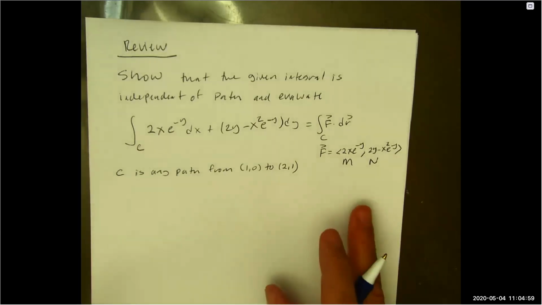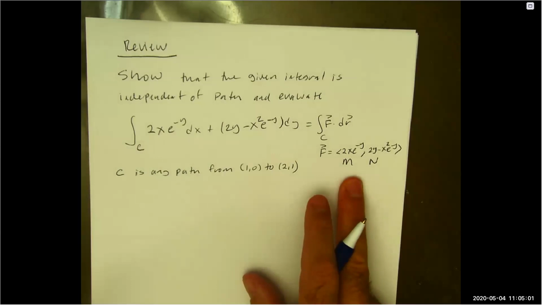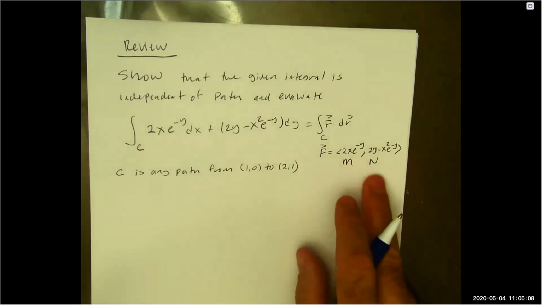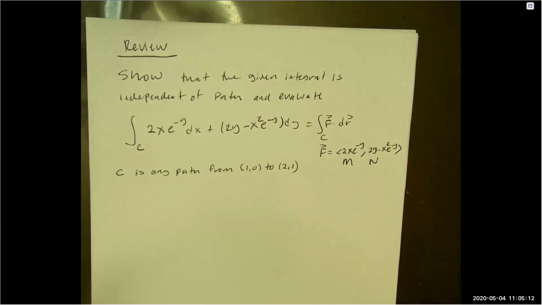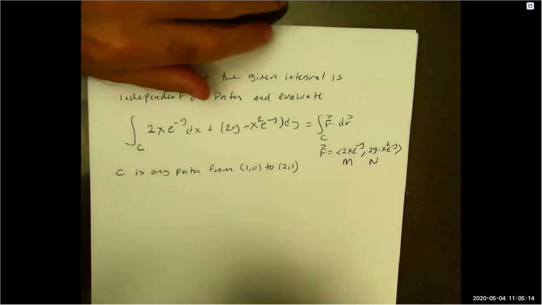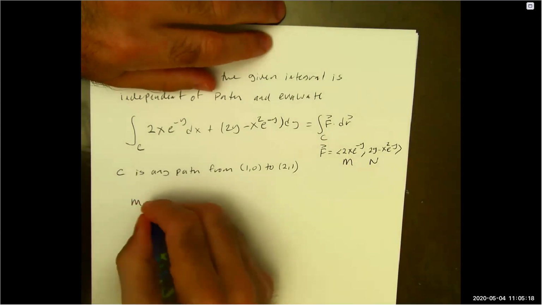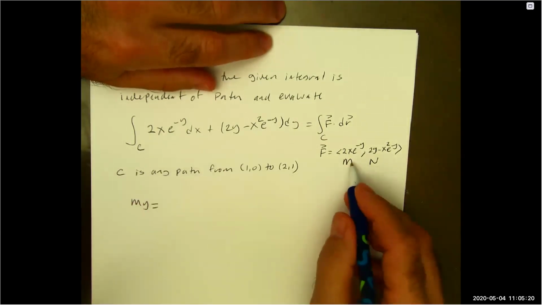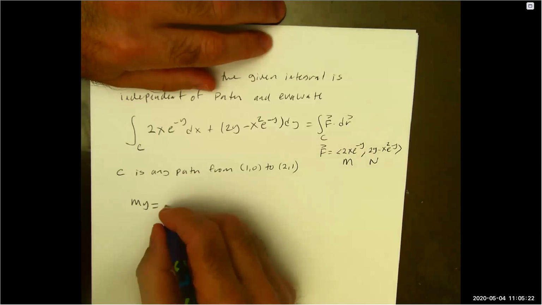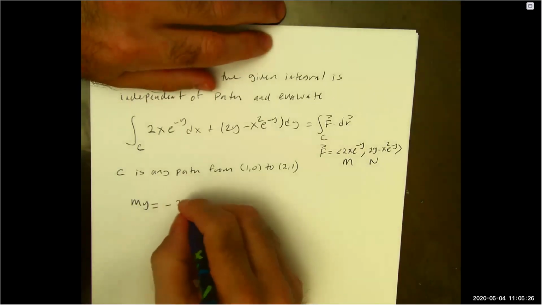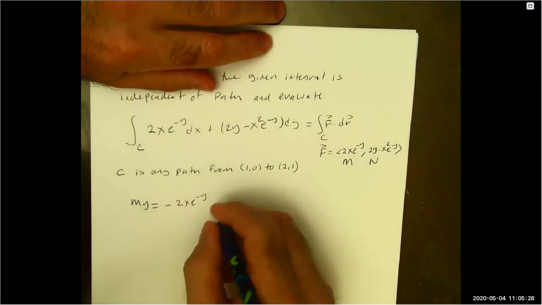And so what would be a way that I can show that this vector field is conservative? If this is M and this is N, what do I need to show here? That My equals Nx. Awesome. Yeah. So if we have My, it is going to be equal to minus 2x e to the minus y.